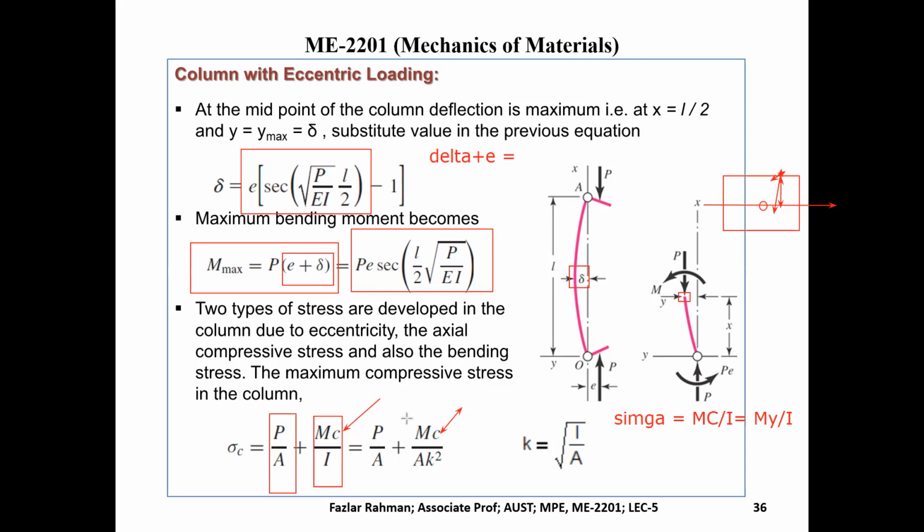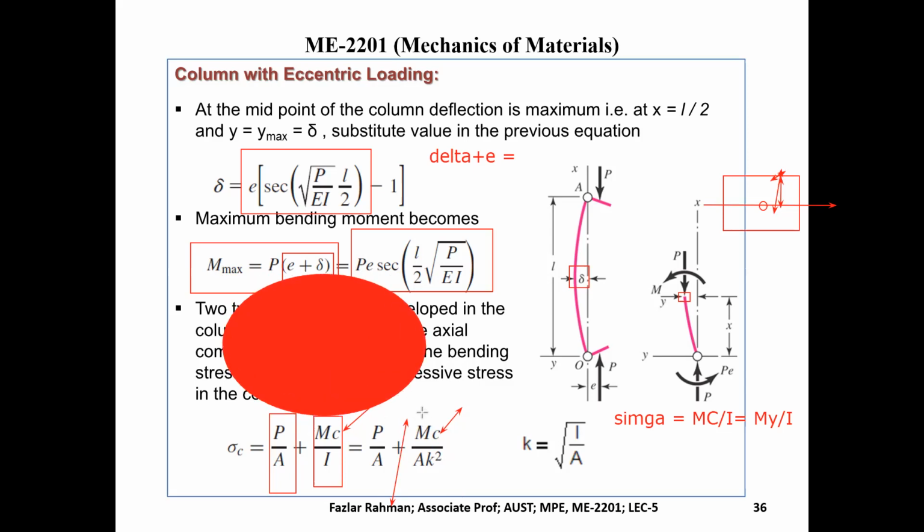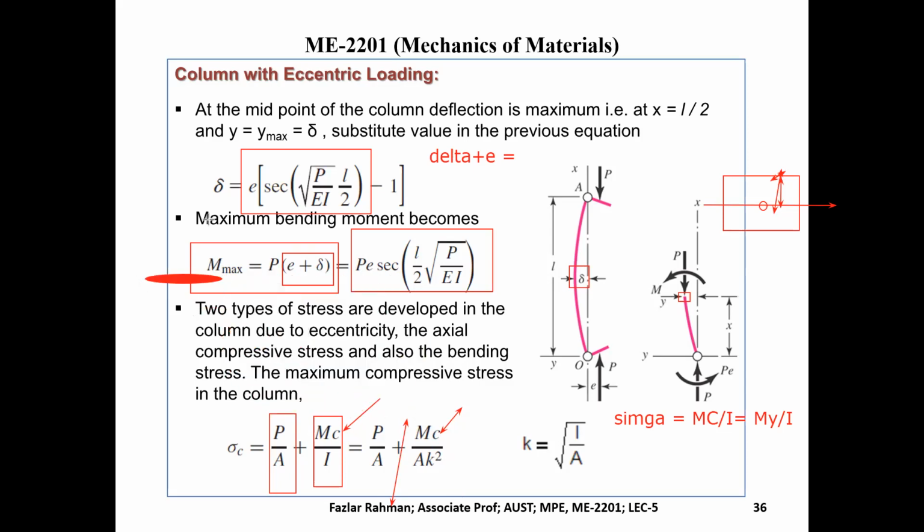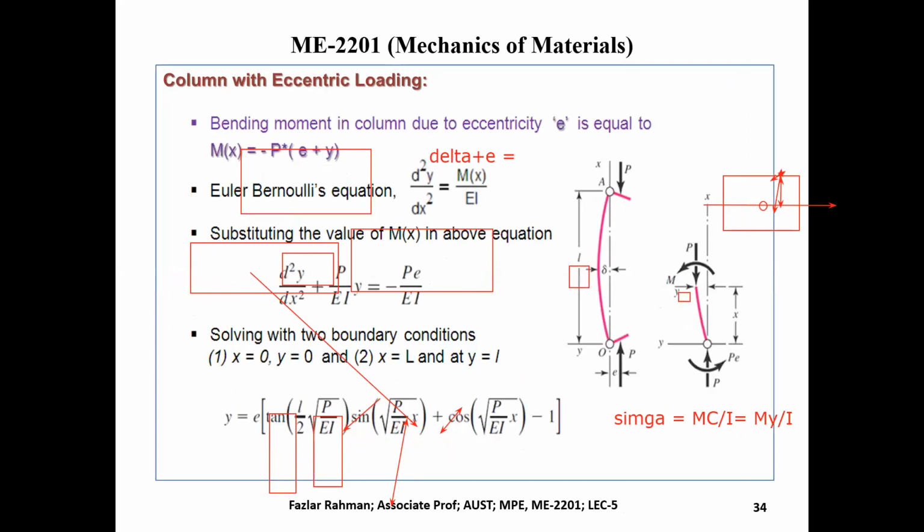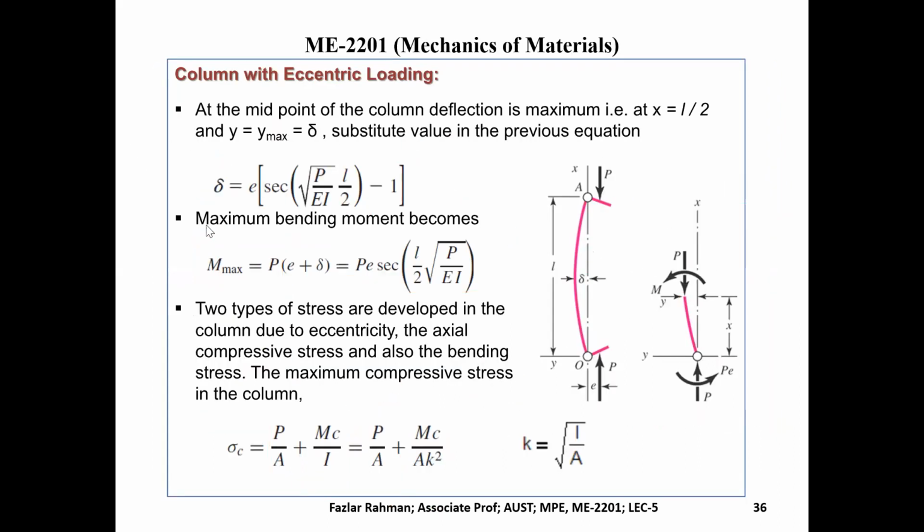So you see there is also P coming, because if this M you put over here, then you will get a P by A. You will see in the next time we will solve it. Just let me show you what the solution will look like.